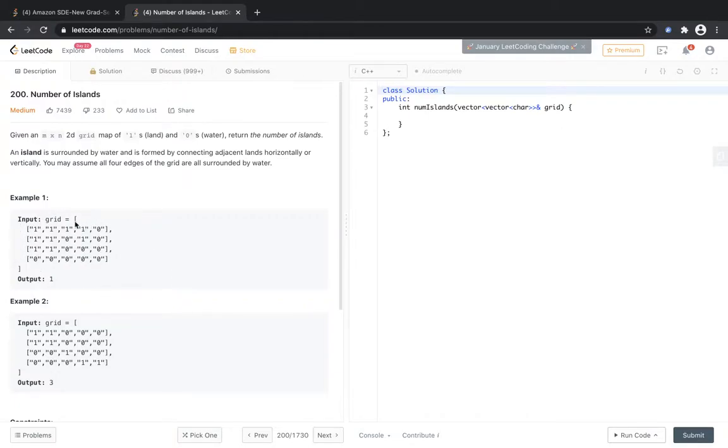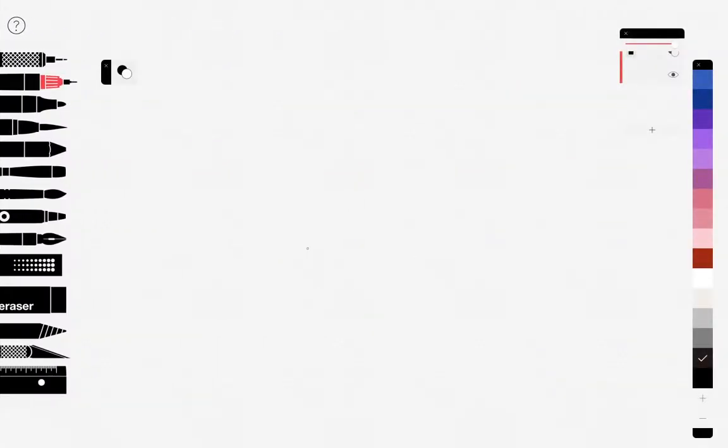This is just a snapshot of a very large world, which is all water, and there is some number of islands here. We are given a snapshot, and we need to say what the number of islands in this world is.